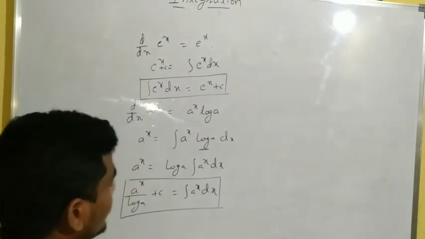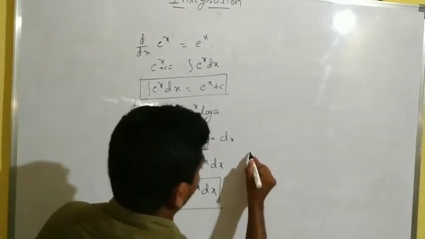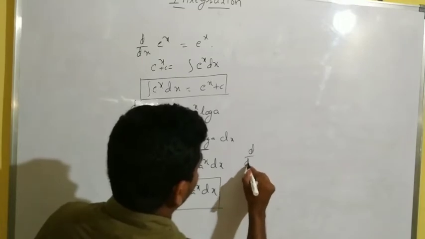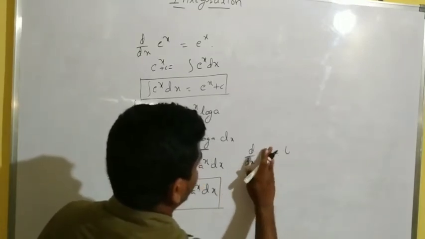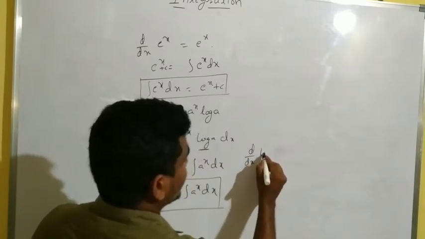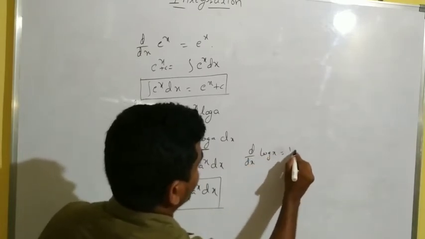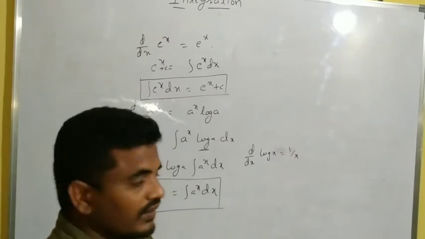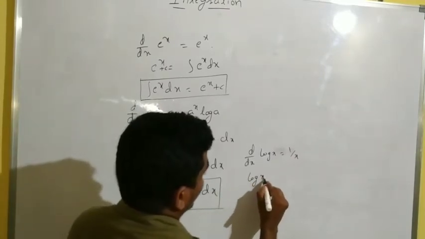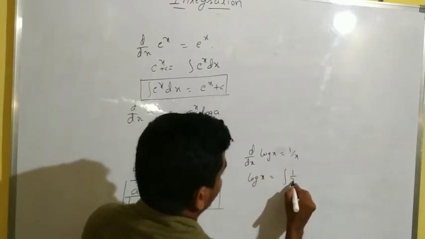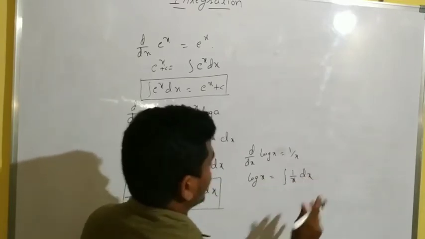And next one more: d by dx of log x equals 1 by x, we know that. Then its integration: log x equals the integration of 1 by x dx.